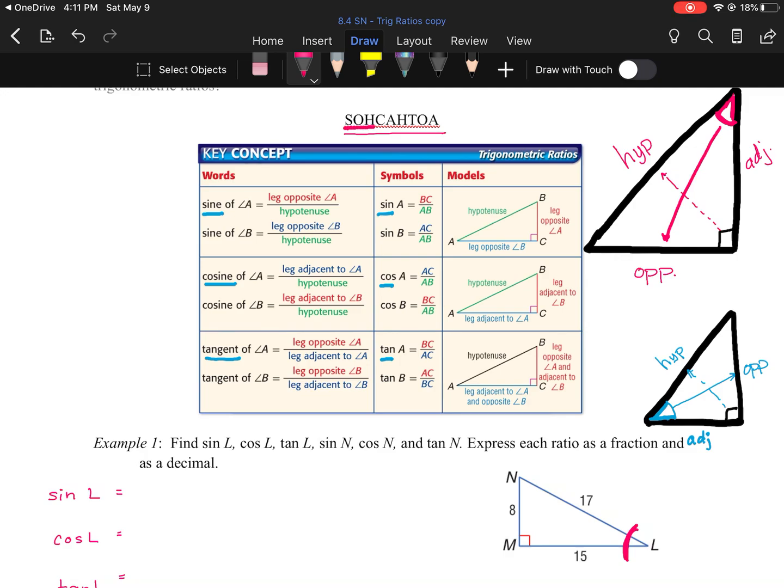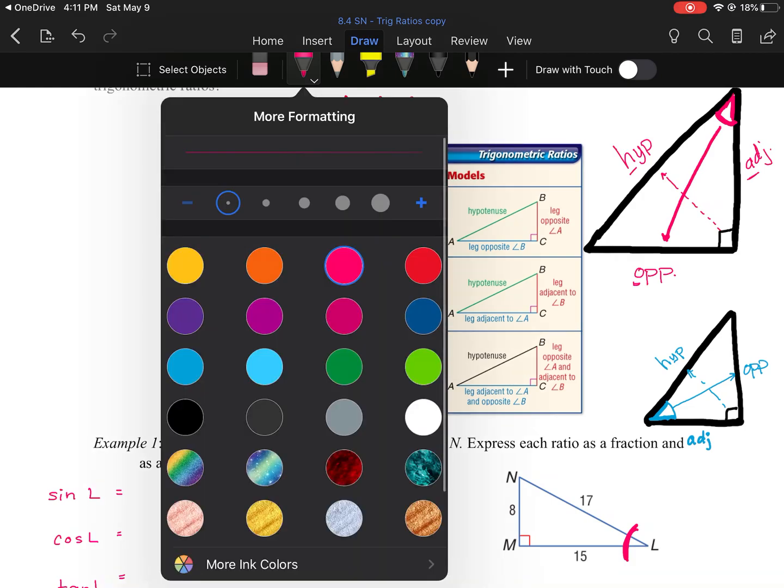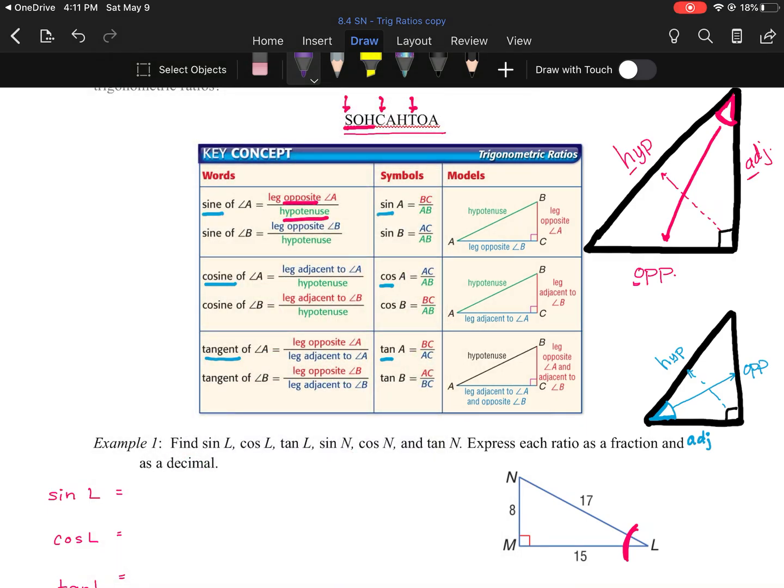SOHCAHTOA comes from the SOH part. If I'm looking at hypotenuse, opposite, adjacent, notice after my S for sine, my C for cosine, and my T for tangent, it's all O's, A's, and H's. So the fraction, or the ratio, for sine is the opposite over hypotenuse, which is where the SOH comes from in SOHCAHTOA.